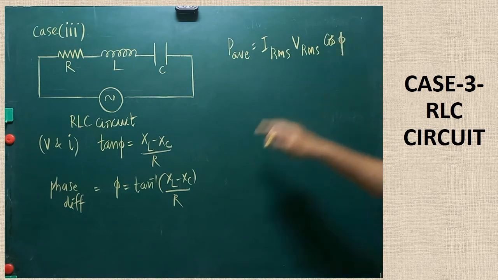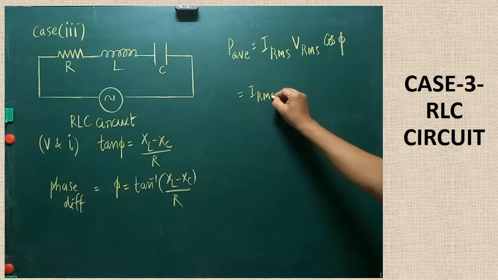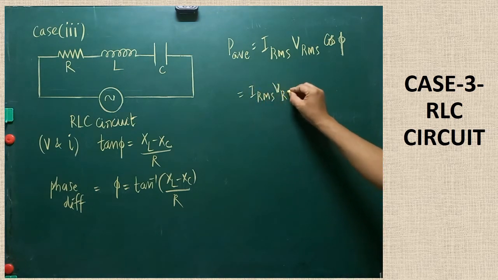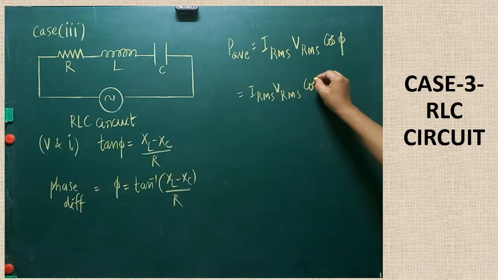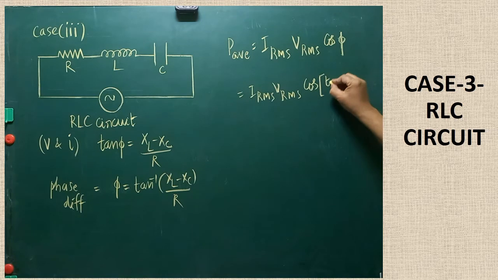Instead of pi, this expression can be substituted. So what is the next expression? IRMS, VRMS, cos, instead of pi, the entire expression can be written: tan inverse of XL minus XC whole divided by R. Are you clear?